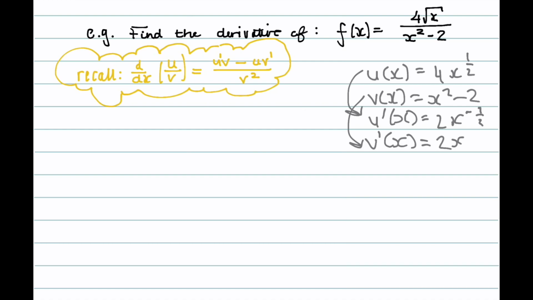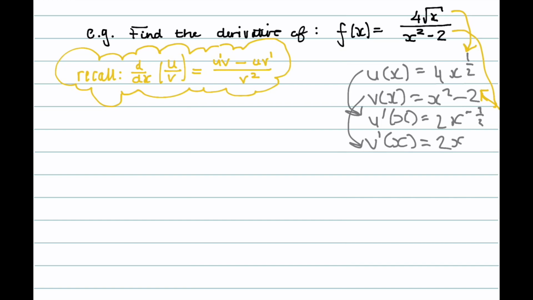Say we want to find the derivative of f of x equals 4 square root x over x squared minus 2. And we know from before now that our numerator will be equal to u of x and our denominator will be equal to v of x.